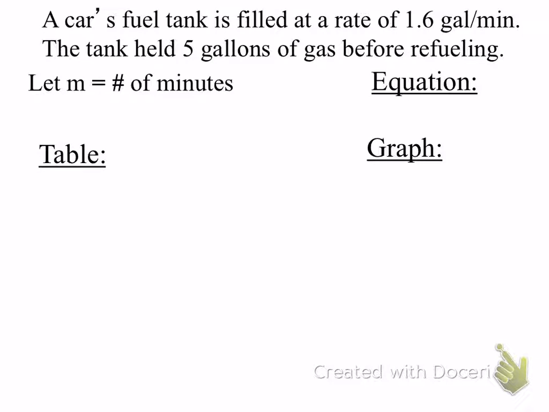Okay, so let's look at this one. A car's fuel tank. This time, we're talking about minutes in the car and amount of gas in my tank. What do you think? Is this situation going to be discrete or continuous?